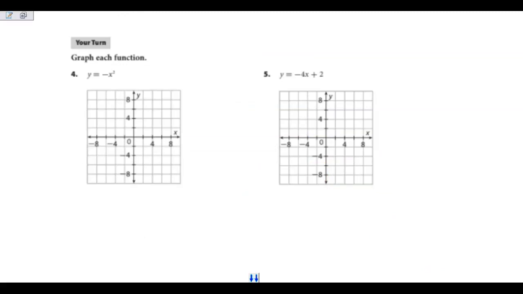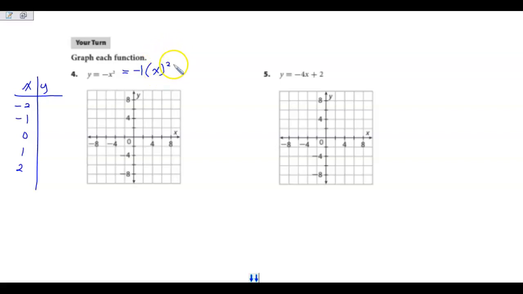So we're going to graph each function. We need to have some values for our x's and our values for our y's. Because it is negative, we're just going to need to be very careful. So I'm going to use -2, -1, 0, 1, and 2. This is the same thing as the opposite, or -1 times whatever my x is squared.